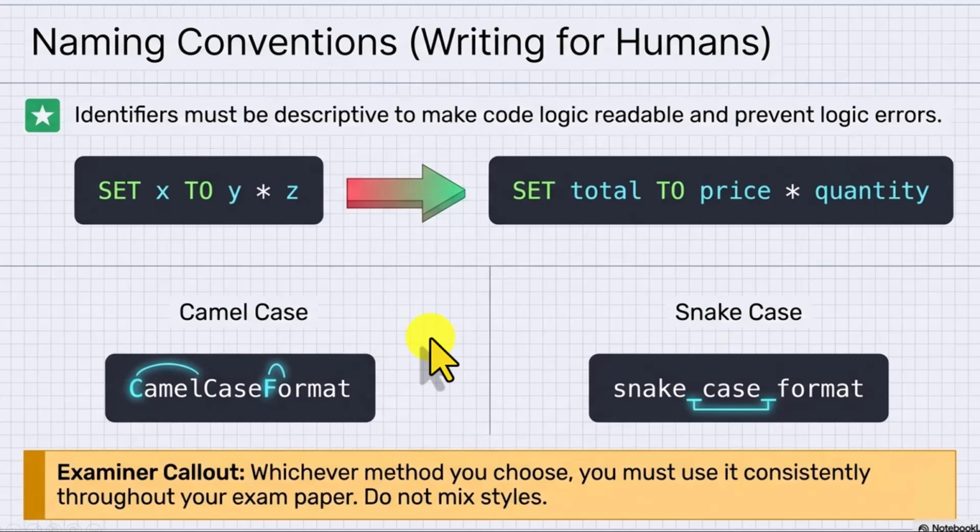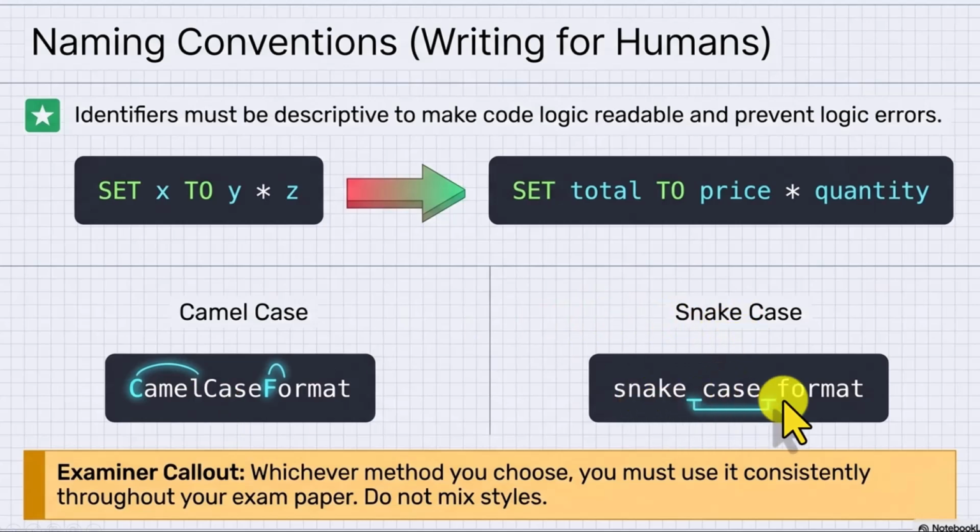Then for variables that have more than one word in their names, we have two conventions: camel case and snake case. If we write them without these conventions, they will be difficult to read. But in order to make them more readable and understand where the next word starts, we can either use camel case or snake case. Camel case means the first letter of each word should be capital, so you know where the next word starts.